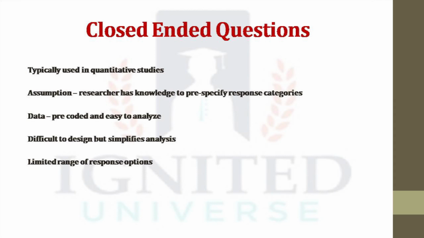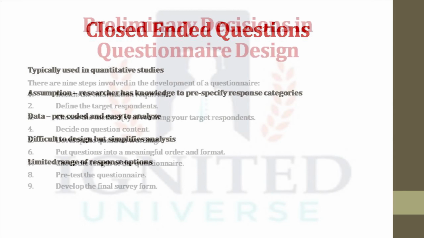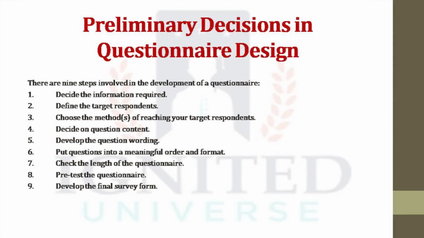After all these criticalities, let us take up preliminary decisions in questionnaire design. There are 9 steps involved in the development of a questionnaire. Step 1, decide the information required. Step 2 is to identify the target respondents.